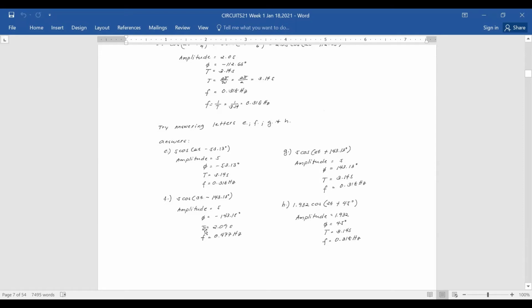And the time period T here, again, is 2 pi over omega, 2 pi over 3, equal to 2.09 seconds, and the reciprocal of that is 0.477 hertz. The remaining exercises have the same T and frequency because they have the same omega.